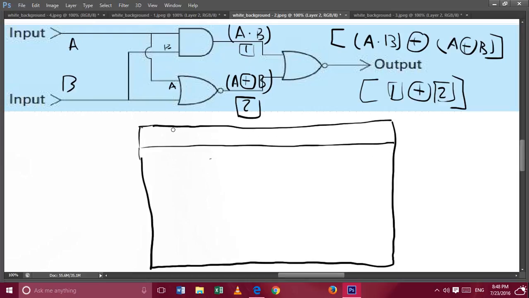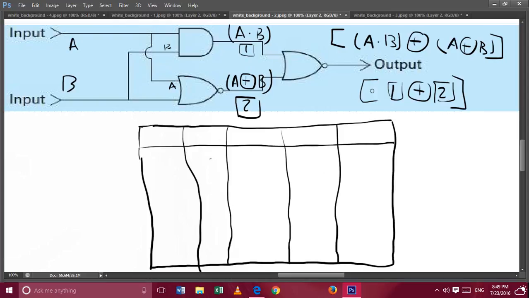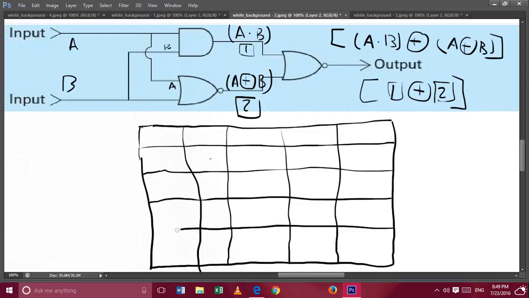This is the label row, and we're going to need 5 columns, we said, correct? So 1, 2, 3, 4, 5, and then we need 4 rows. So 1, 2, 3, 4.